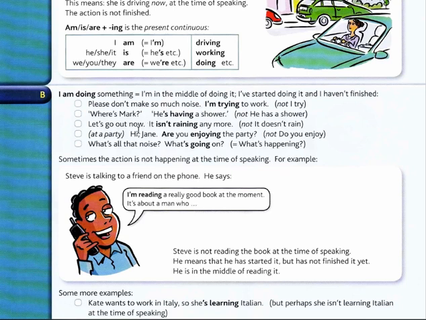So please don't make so much noise. I am trying to work. You cannot say I try. Why? For this one, please don't make so much noise, because I am trying to work now.